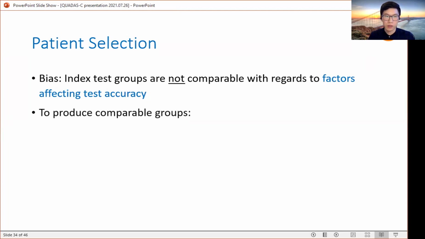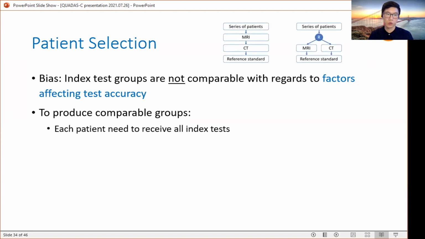Now we have covered this when discussing study designs. To produce comparable groups, we need either each patient to receive all index tests in a fully paired design, or we need to randomly allocate patients to index tests, which can be done in an unpaired randomized design or in a partially paired random subset design.